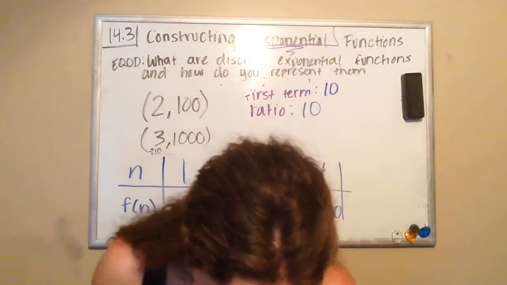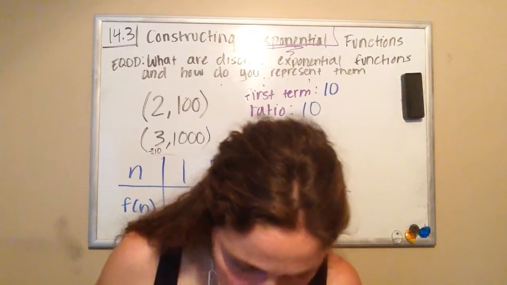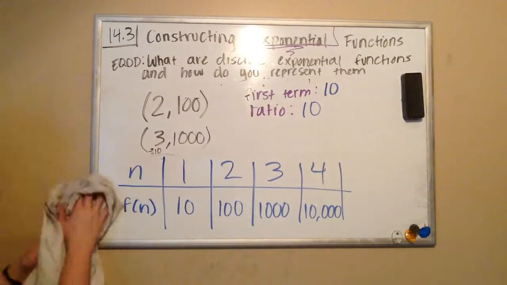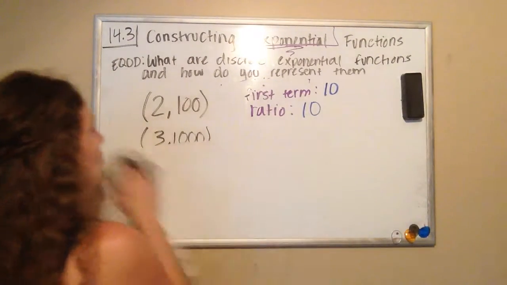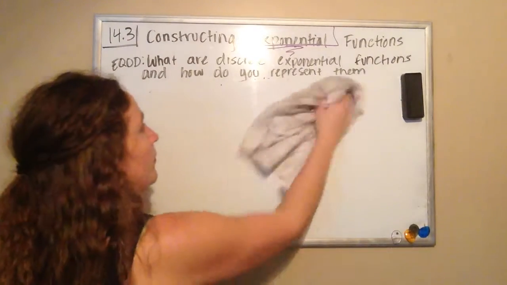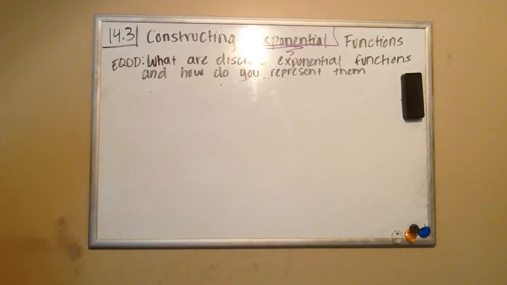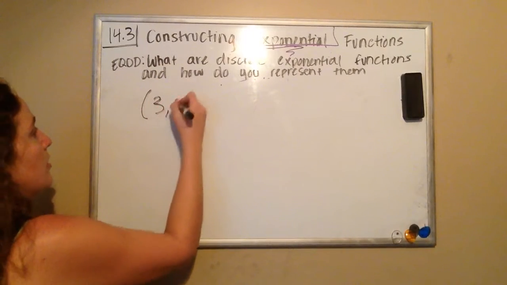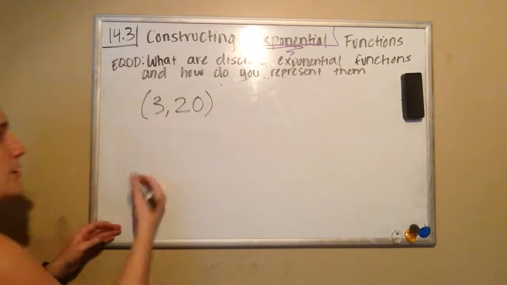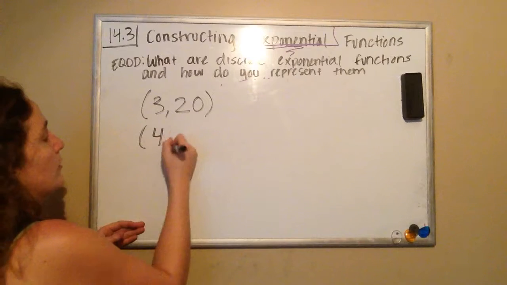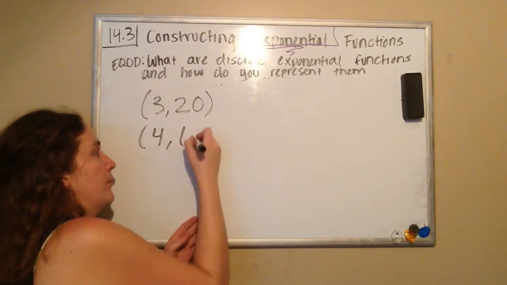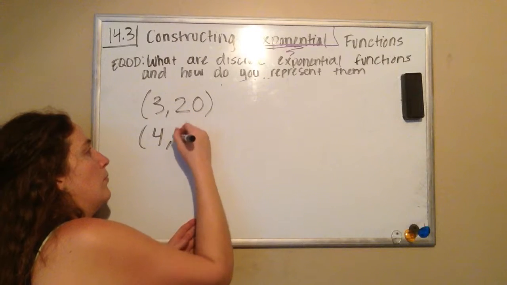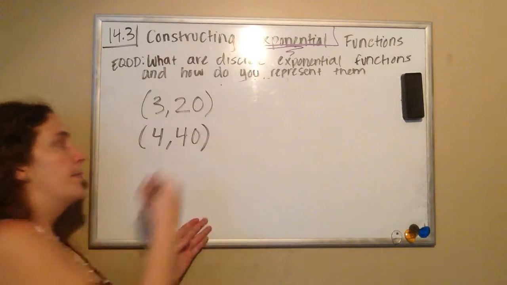Alright, we're going to do one with fractions together, then I'll have you do two on your own. Let's see, I actually want you guys to do this one first. 3 comma 20 and 4 comma 40.